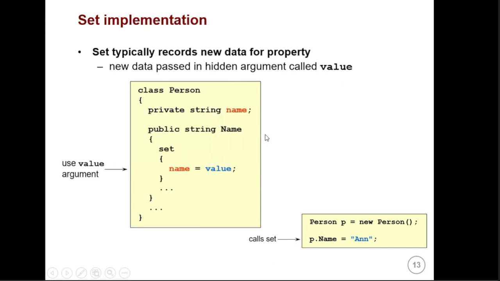As you can see, guys, it looks nicer compared to earlier when you would say p.setName open close parentheses and then put your parameter there. So now, when you access that attribute name, you access it through the so-called properties in C#, and access it just like a regular attribute.